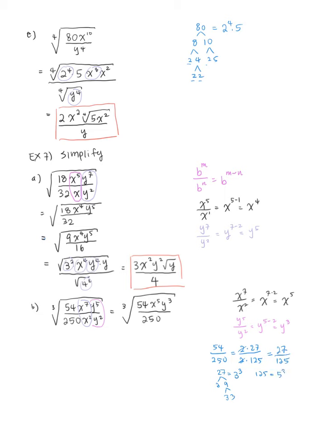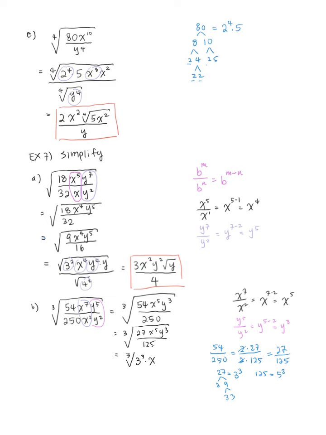We did that earlier. Anyways, let me rewrite this. So we got cube root of, well, 54 over 250 became 27 over 125, so I'm going to have 27 x to the 5th, y to the 3rd, whole thing over 125, which is cube root of 3 to the 3rd times x to the 5th.